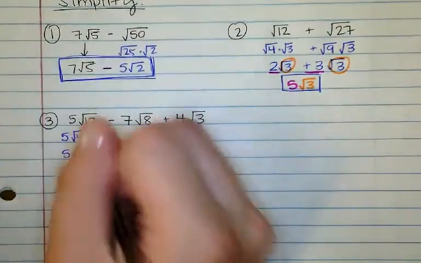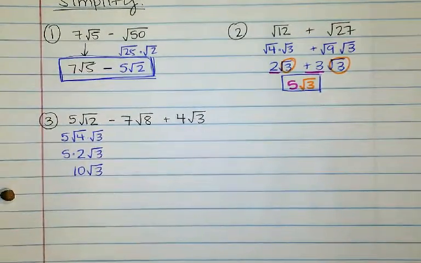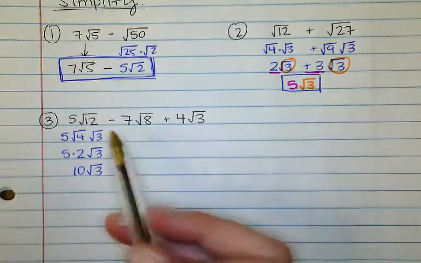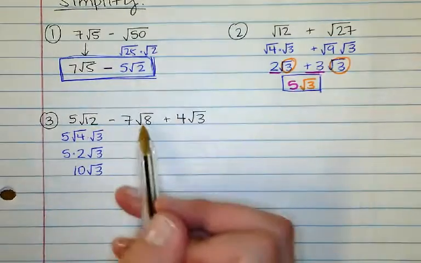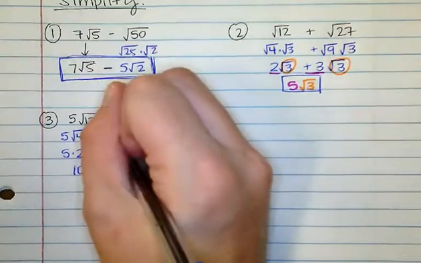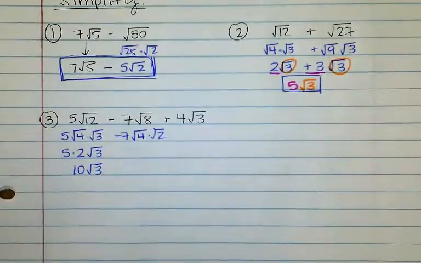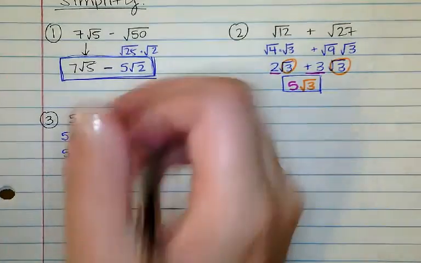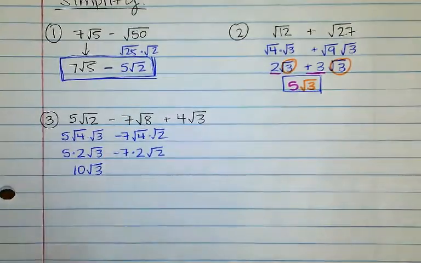You guys good with that so far? Okay. Can we simplify this guy at all? Can we simplify radical 8? It's divisible by 4, isn't it? So that's going to be 7 times radical 4 times radical 2. And that is going to be negative 7 times 2 times radical 2, which is going to give us negative 14 radical 2.